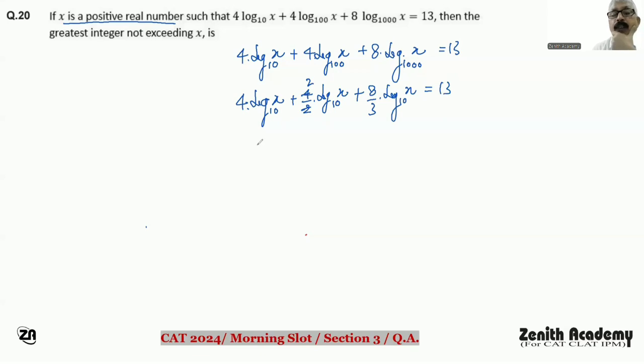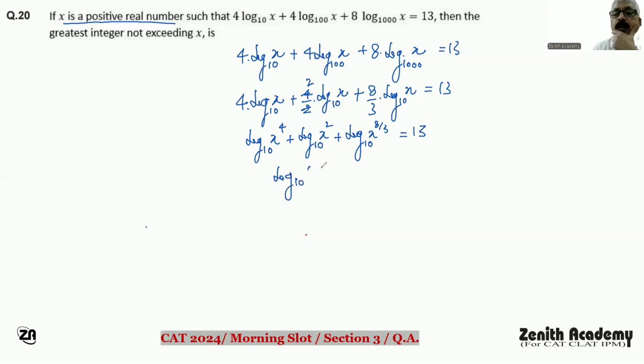And you can take it log of x to the power 4 base 10, log of x to the power 2 base 10, and log of x to the power 8 by 3 base 10 is equal to 13, and now the base is the same, so the formula applies.